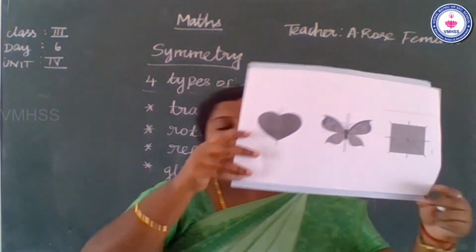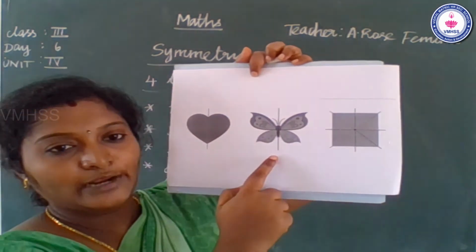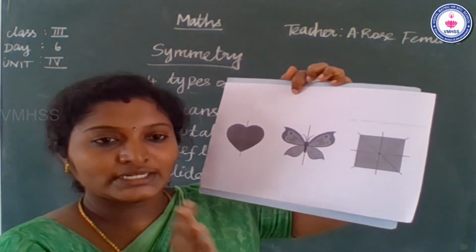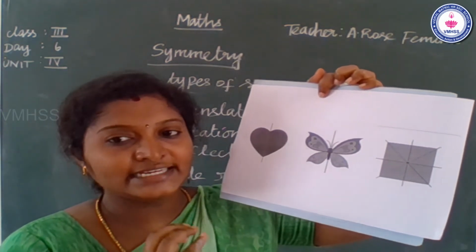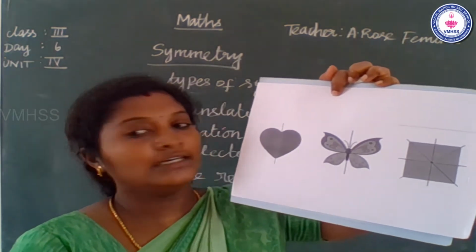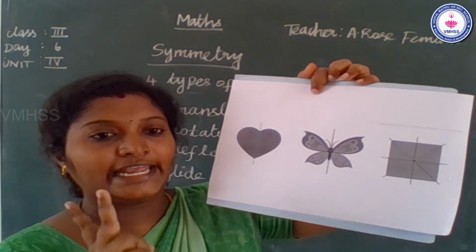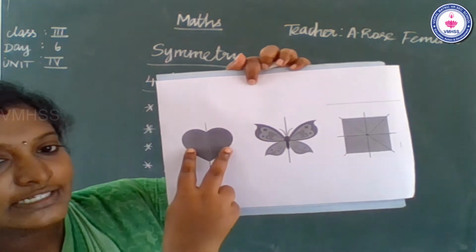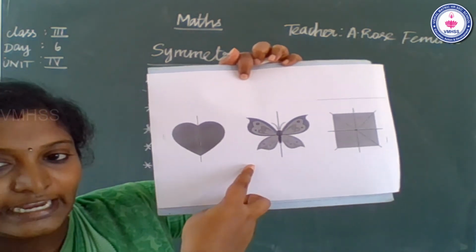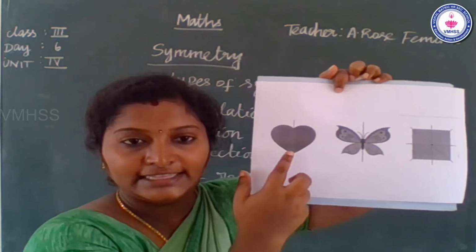See there. What are the pictures? First one is a horse, second one is a butterfly, and third one is a square. Symmetry is defined as a balance and proportion and similarity which is found in two halves. One half is the mirror image of the other half.